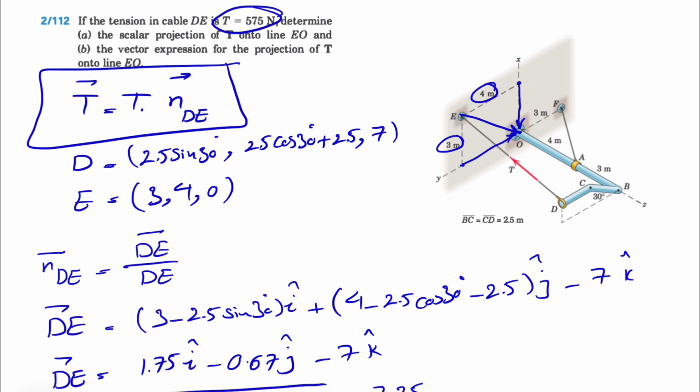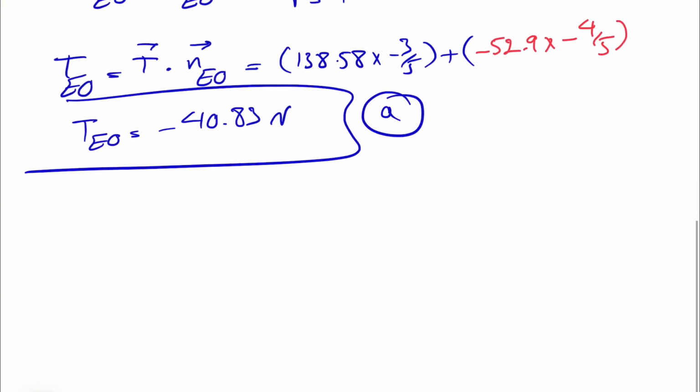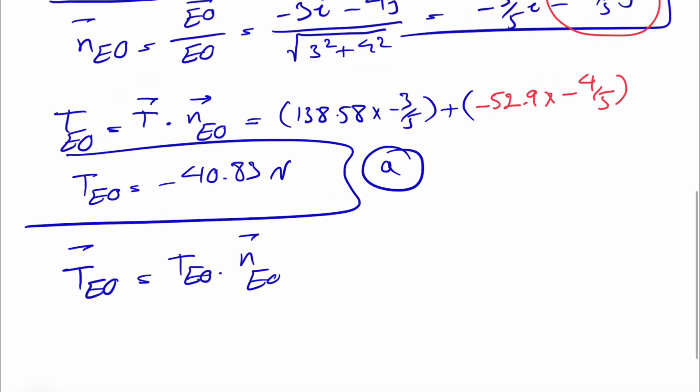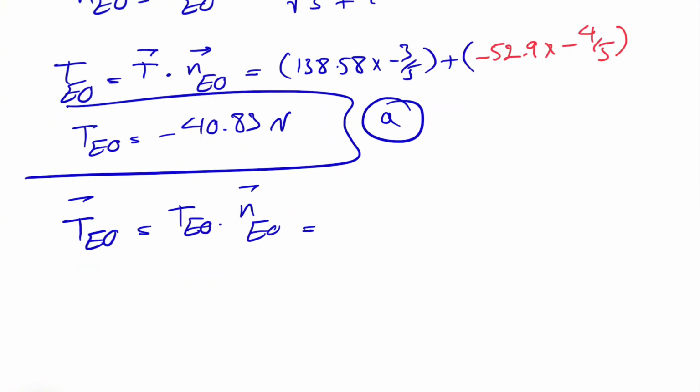In the B part, we have to find the vector expression for the projection of T onto line EO. We already have TEO from the previous part, and we already found the unit vector also in the previous step.